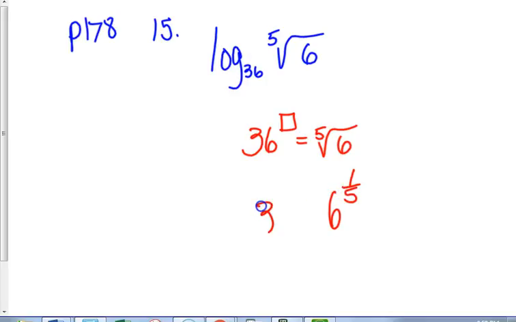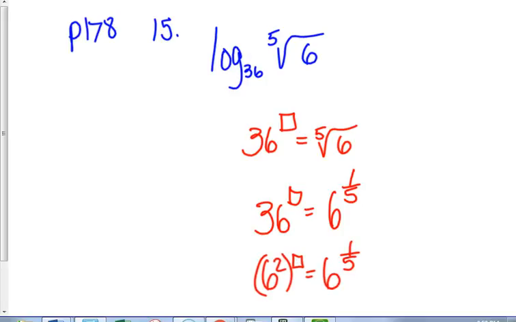Now this is a tricky one, for sure, but what power of 6 is 36? So this is 6 squared, which is then multiplied by something out here to become 6 to the 1/5. So if we get rid of all these bases, we have 2 times something equals 1/5.